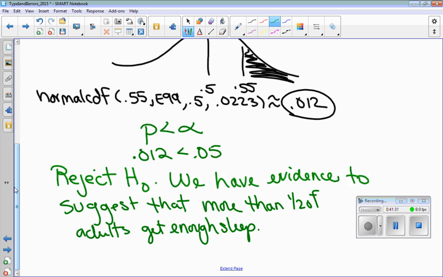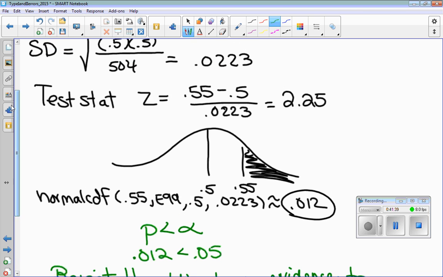Okay? Good enough? Remember what I also said a couple class periods ago, that we could also compare our z to our what? The z star, and look at that as well. Okay?